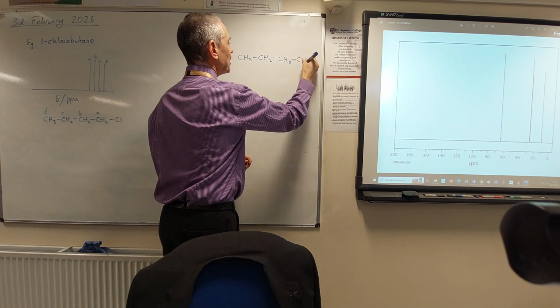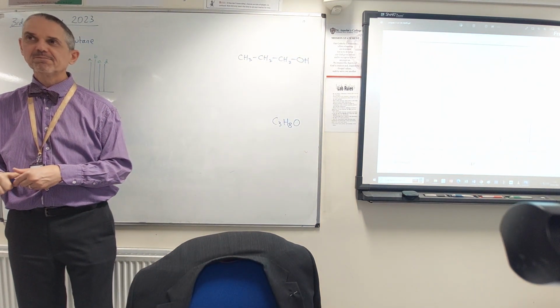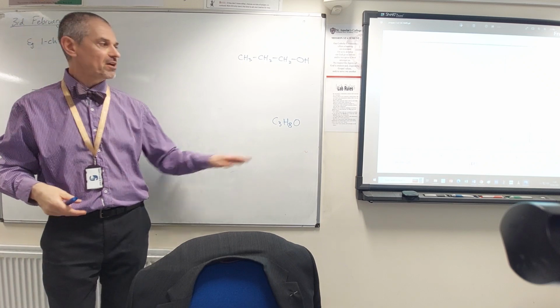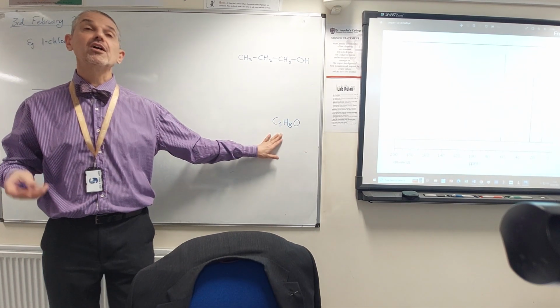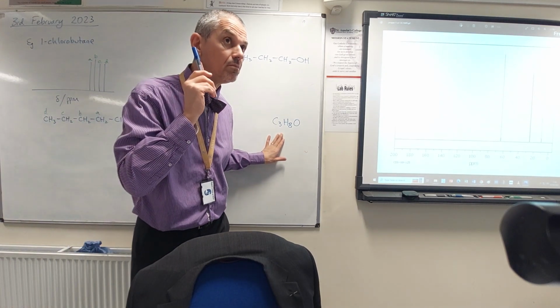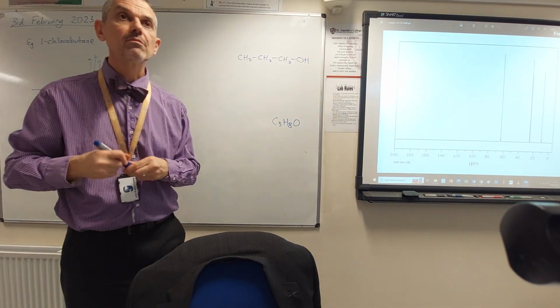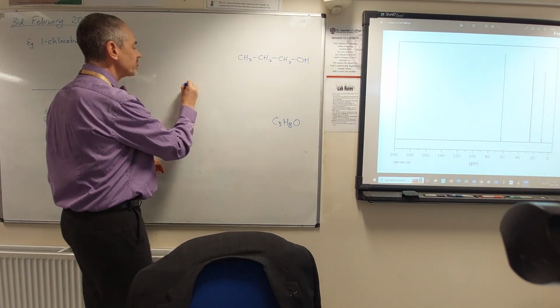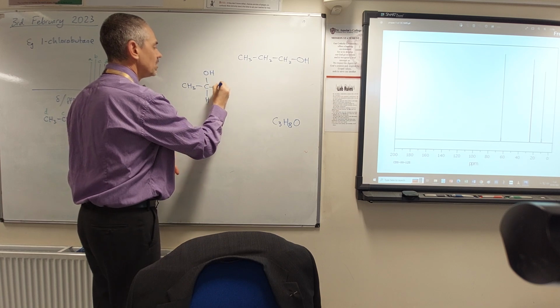Why does it have to be propan 1-ol and not propan 2-ol? After all, they both have the same empirical formula. Right, there would only be 2 different chemical environments if I put the OH in the middle.